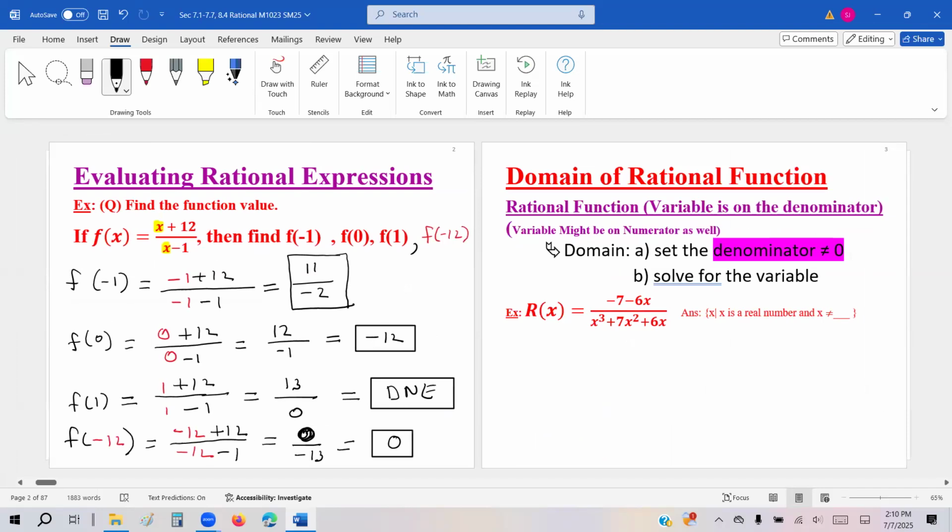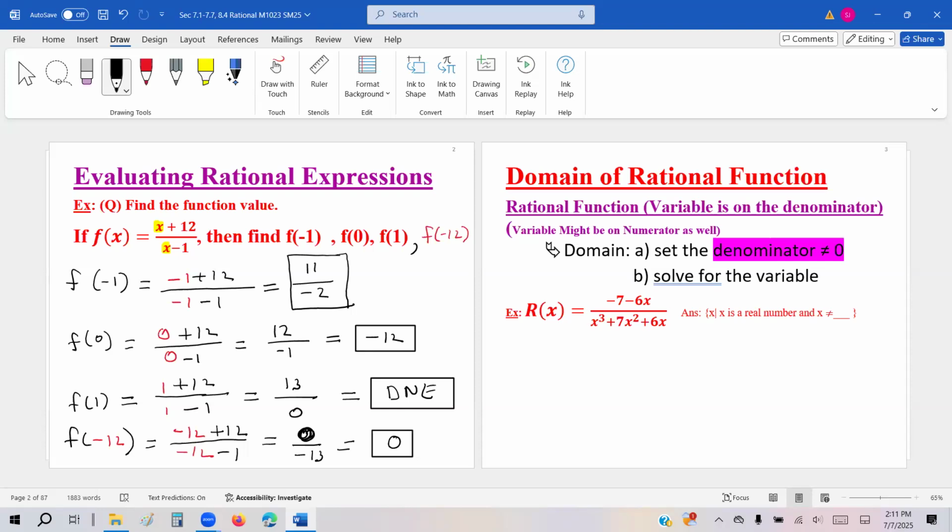So to find the domain, we have to exclude the number or numbers that make the denominator 0. Whatever makes the denominator 0, we get rid of from the number line, and everything else will be in our domain. Any question on this one before we move on to the domain?